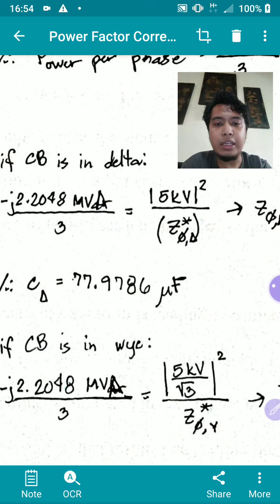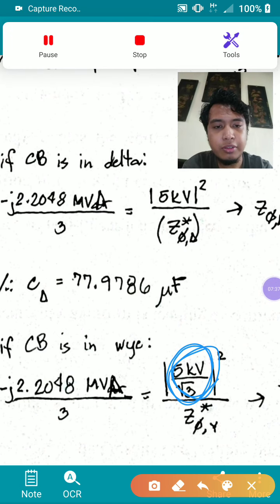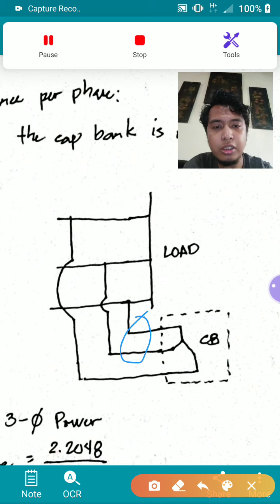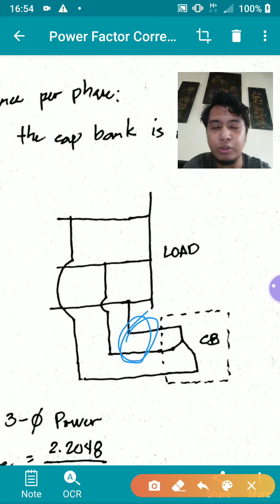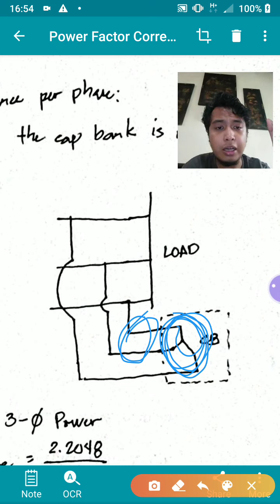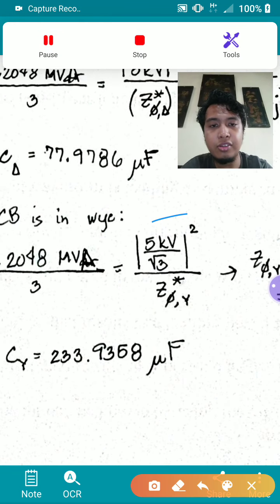Now, what if it is in Y? If it is in Y, take note that you have to consider the V phase here. If that is in Y, the line-to-line voltage here is not equal to the phase voltage. Considering that this load is balanced, we can say that the phase voltage here is just line-to-line over square root of 3. So that is 5 kilovolts over square root of 3.